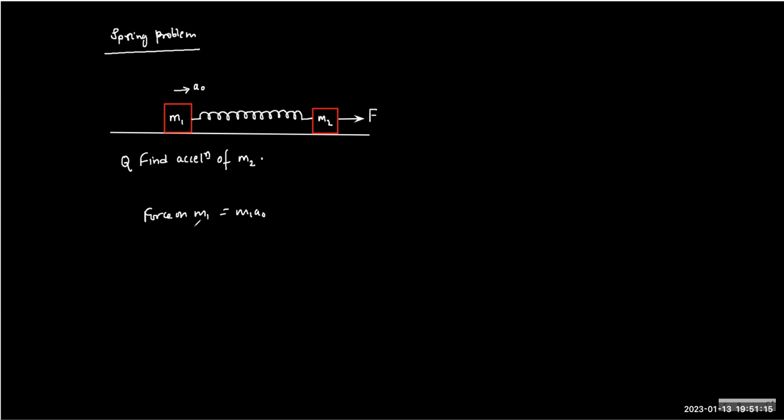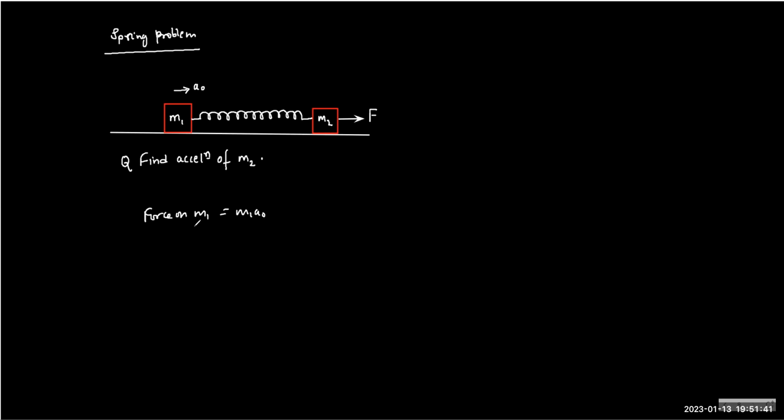So the spring will apply force on M1 towards the right. Is it pulling or pushing? Pulling. So it means the spring is under stretch or compression. So the spring right now is elongated or compressed? Elongated. Correct.